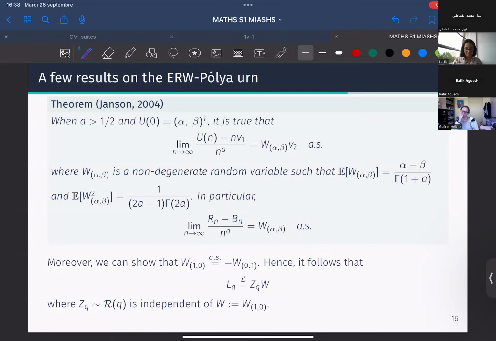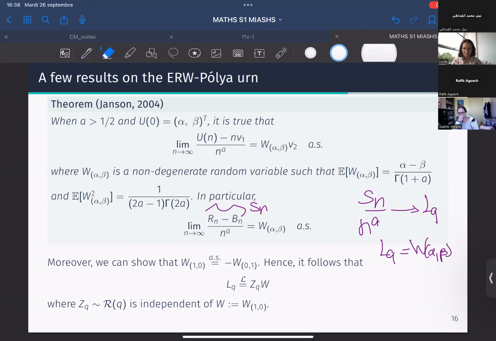Since this is the elephant random walk, and we knew that Sn over n to the power a converges to LQ, that means that LQ is actually W alpha beta, with alpha and beta properly chosen.